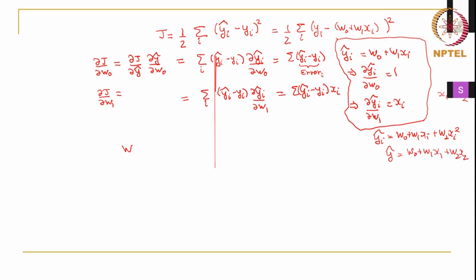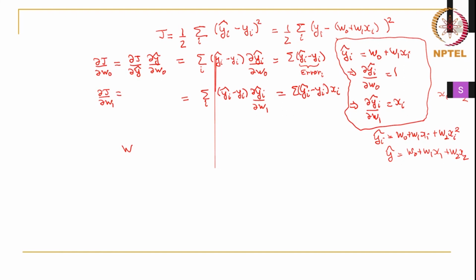Then del j del w0 would still be the error. The second one would be error times x1 of the ith data point, and del j del w2 would be error multiplied by x2 of the ith data point, and I can extend this to however many variables I have. So this is the power of writing in terms of the gradients.